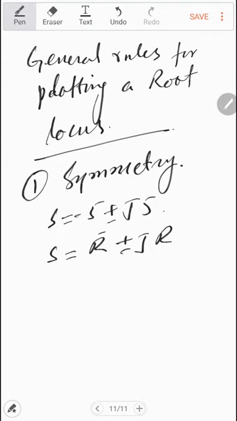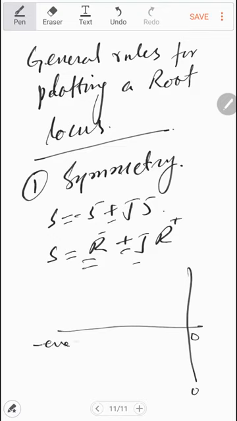So for the negative feedback system, R dash is the negative real number and this should be the positive real number. And j represents the complex plane, which means that this is the real 0, and this is the negative real axis. And then we say that the poles are located at minus R or minus 5, and then plus 5, and this is minus 5.